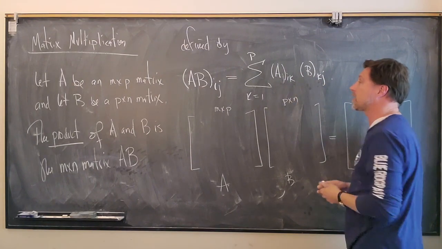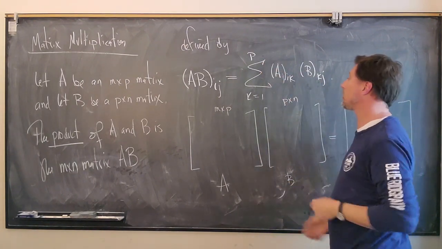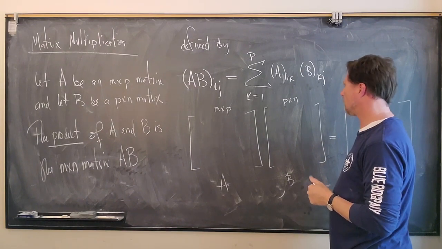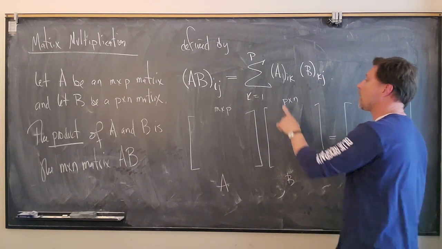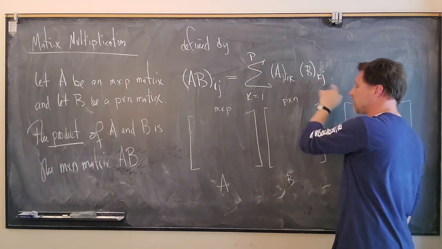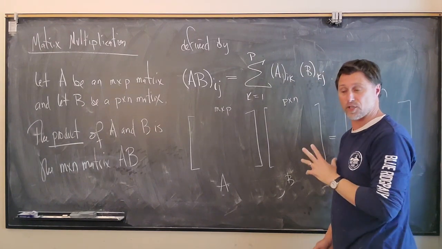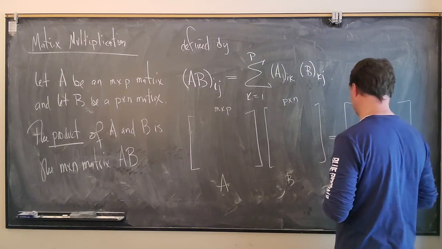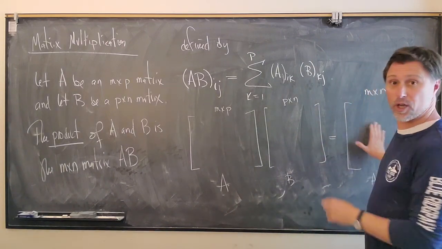And you keep going until you get to P. The last term in that summation is going to be A sub iP times B sub Pj. Do that addition. That's going to give you the ijth entry in this matrix here.